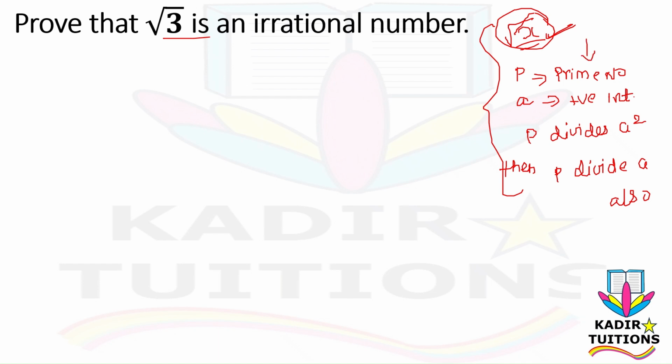So let's start with the given question first. Here they are asking us to prove root 3 is an irrational number. Our first step is always to assume the opposite, so we have to assume in an inverse way.